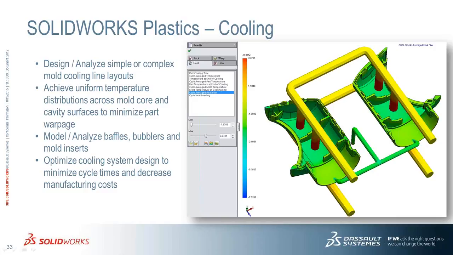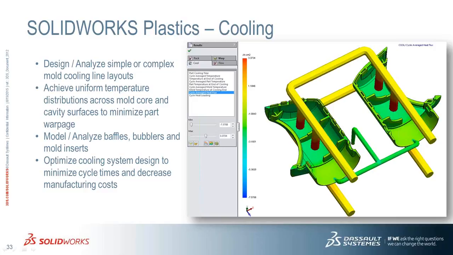So with the plastics cooling tool, one can model and analyze different types of baffles, bubblers, and mold inserts. One can also look up the temperatures along different cooling lines, which are again modeled just by using the sketches created in SolidWorks, which is a pretty neat feature in the cooling module.